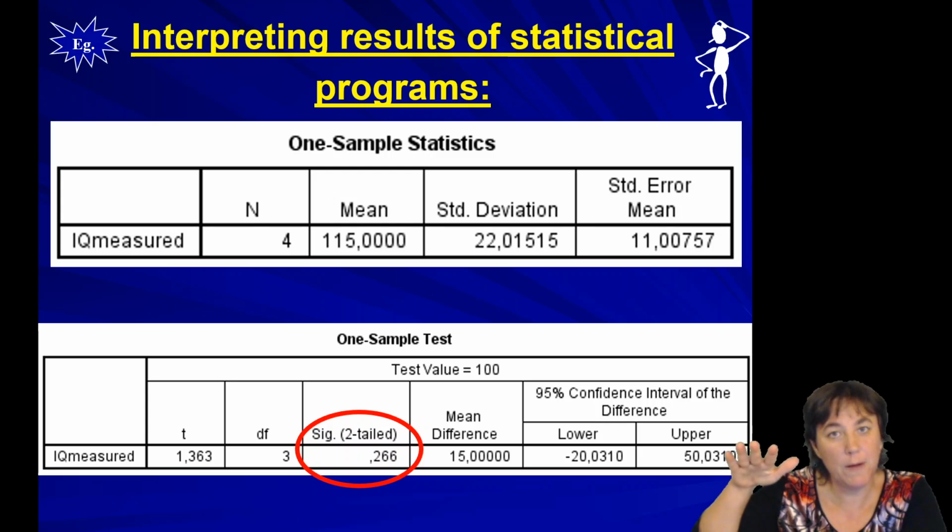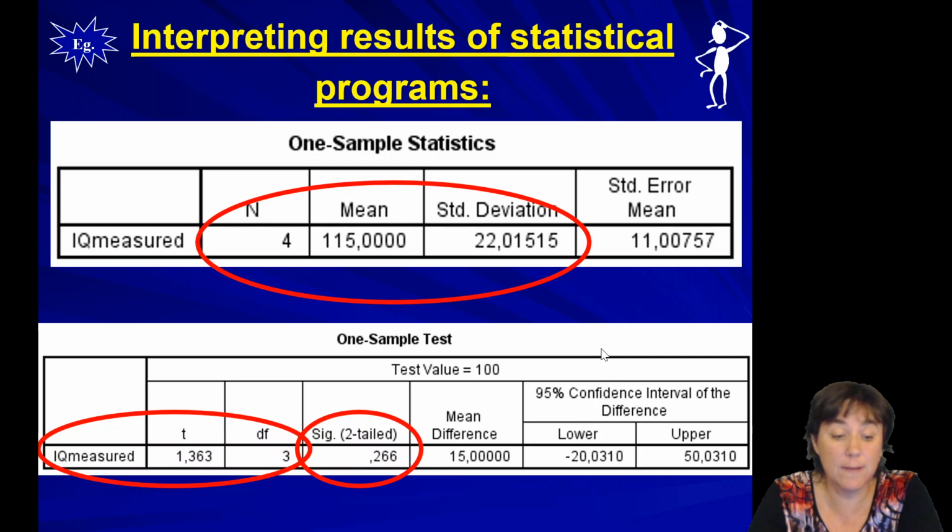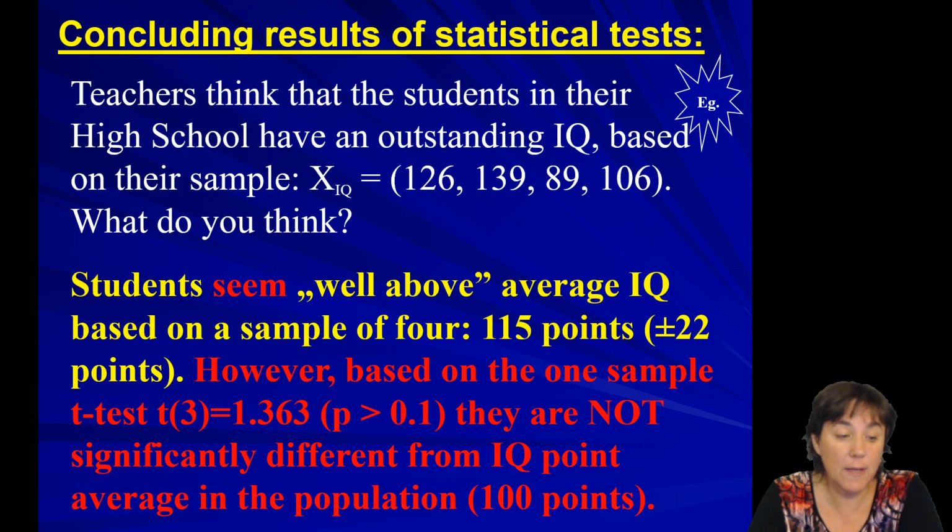No. We want our error to be lower than 0.05, that is 5%. So with this t-value and degrees of freedom, we cannot say that we found a significant difference. Thus, we can conclude our statistical test.